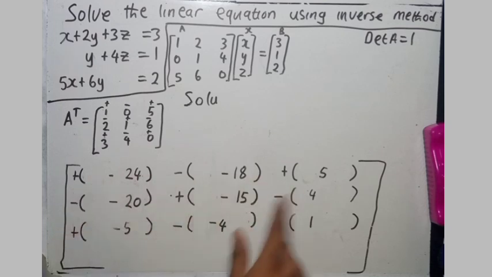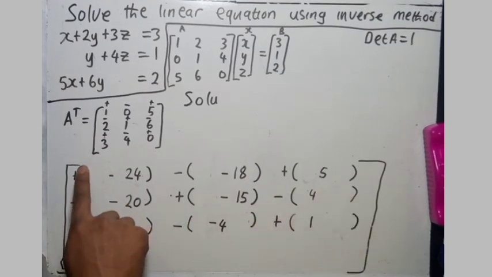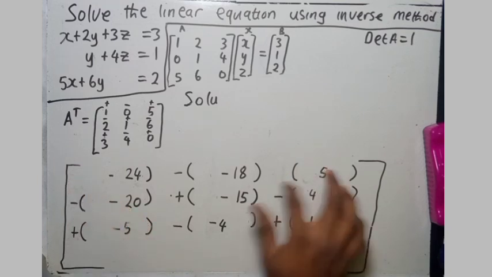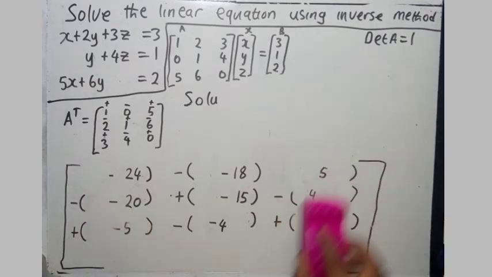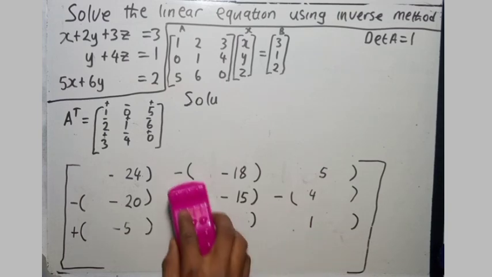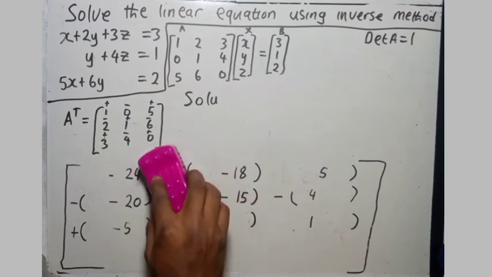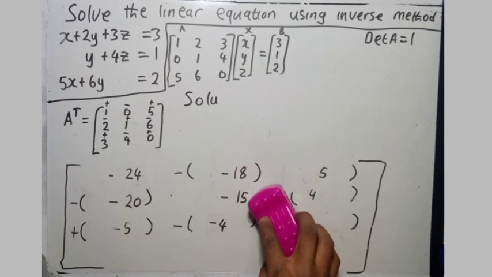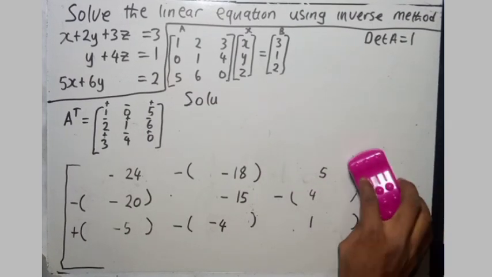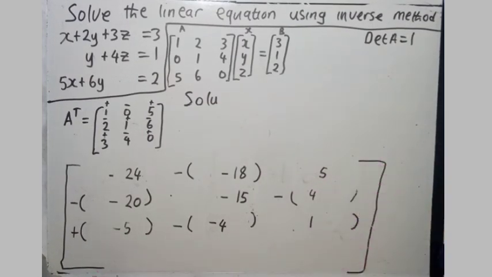Now our signs will be multiplying each and every one of them. Those with plus are going to remain the same way, but that of minus will be changing. So for that of our minus, the signs will be changing.